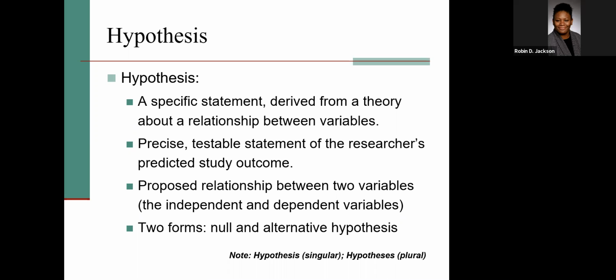You might have a complex research question, but you want to make sure your hypothesis or hypotheses, okay, hypothesis is singular, hypotheses is plural. Down here at the bottom where I'm highlighting, you'll see where I've put that information so you can see how they're written. Hypothesis is singular, hypotheses is plural.